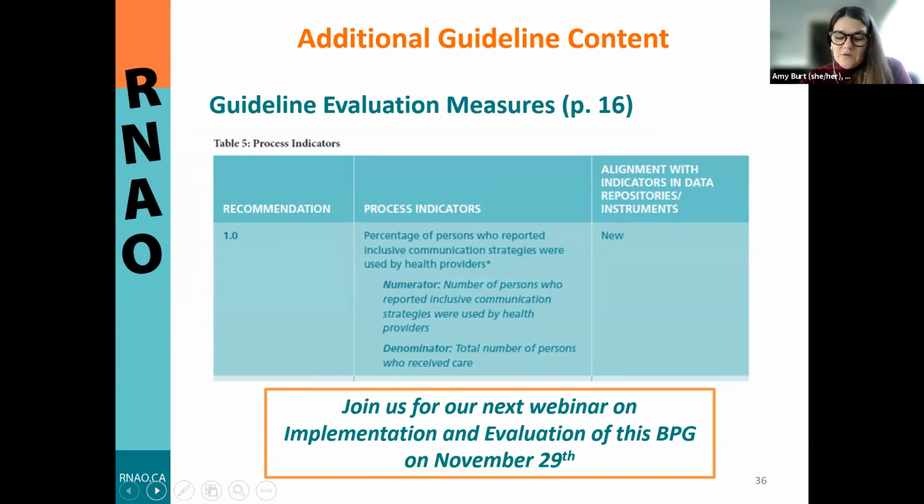These measures were developed with the panel and also received internal and external feedback. For more information on evaluation, please join us next week for our next webinar on implementation and evaluation, same bat time, same bat channel, November 29th from 1 to 2.